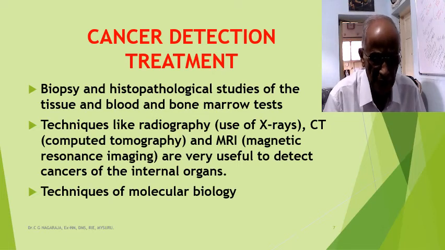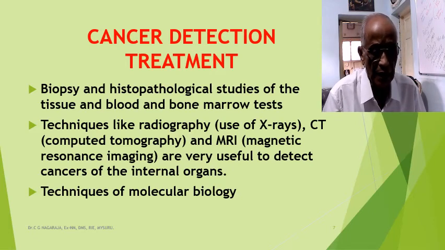Histopathological studies are made, and the tissue, blood and bone marrow are tested, and they confirm that there is cancerous growth in that area. That is one of the most important ways of detecting cancer, by biopsy.